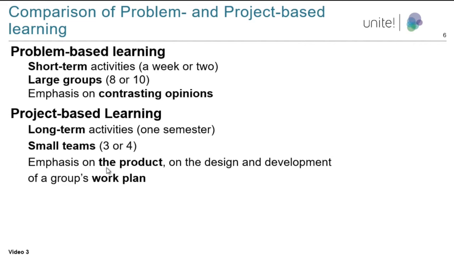The emphasis is in the product and in the work plan. You have to develop a product, computer program, for example, at a given deadline. The group, the team, has to follow a work plan to produce the results on time.